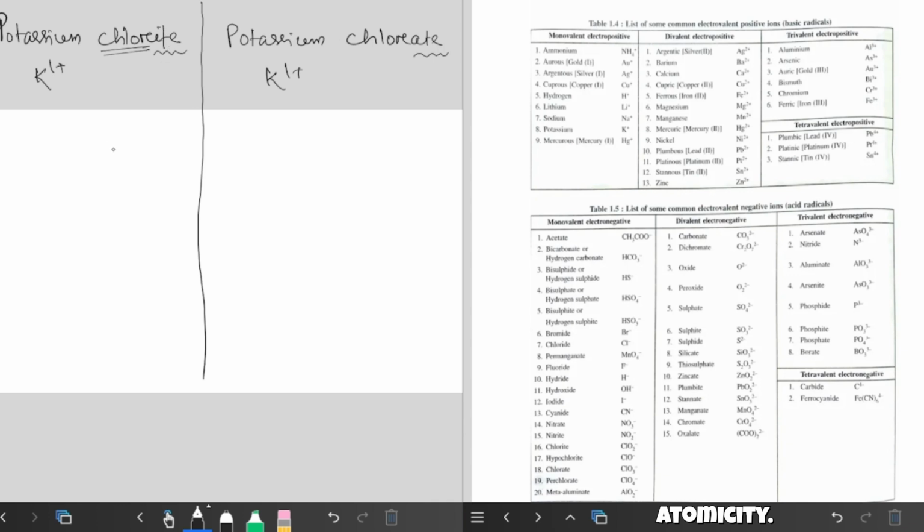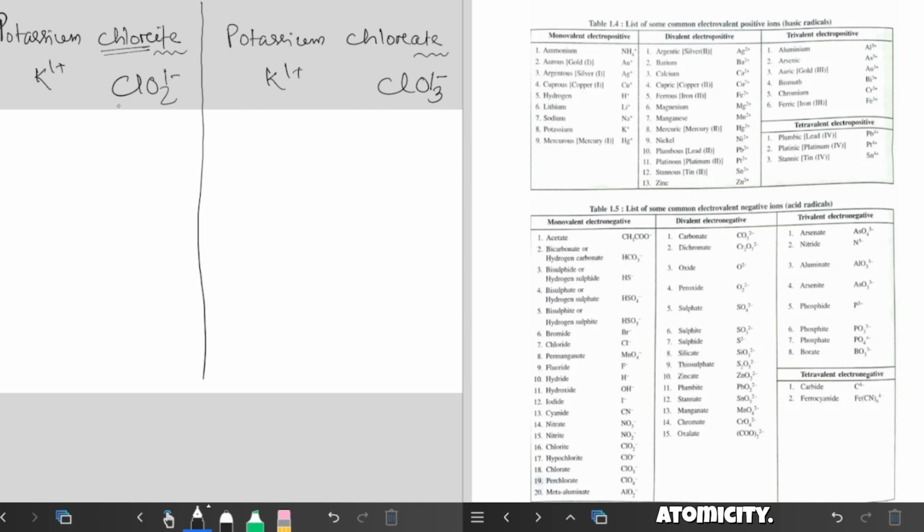Let me write the chlorite ion, because it will be easy for you to understand how to find and write the molecular formula. So chlorite is ClO2 minus, and chlorate is ClO3 minus, right. Minus means 1 minus, here also 1 minus.